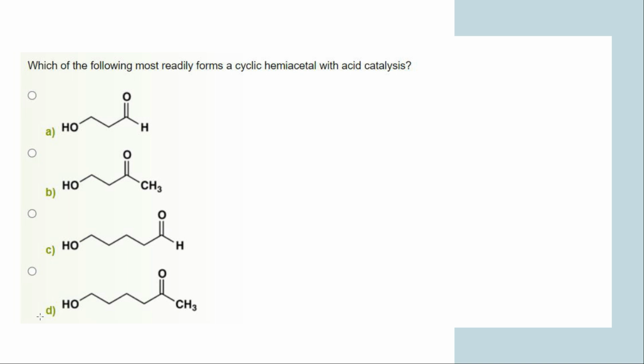Because it is a nucleophilic addition reaction, and towards nucleophilic addition reaction, like I have already described, aldehydes are far more reactive than ketones. So either option A will be correct or option C will be correct for this question. Now you have to choose one of these 2 options.